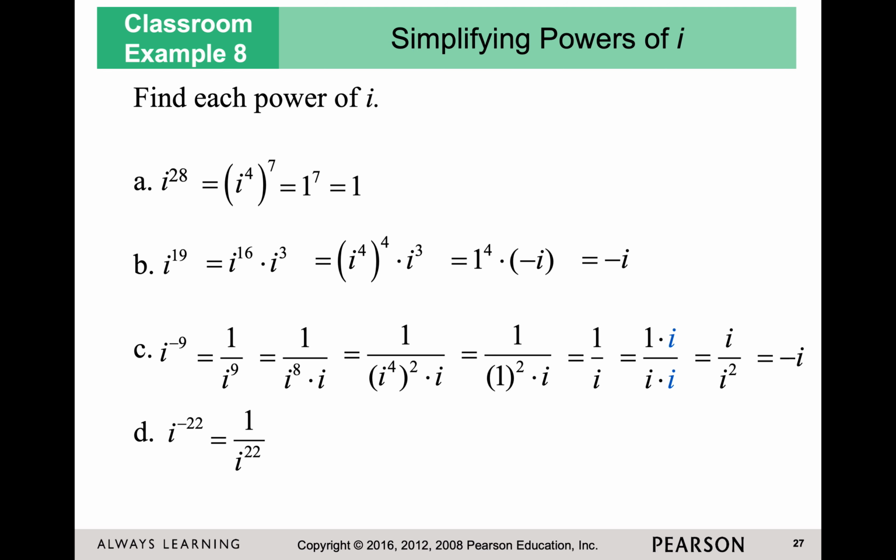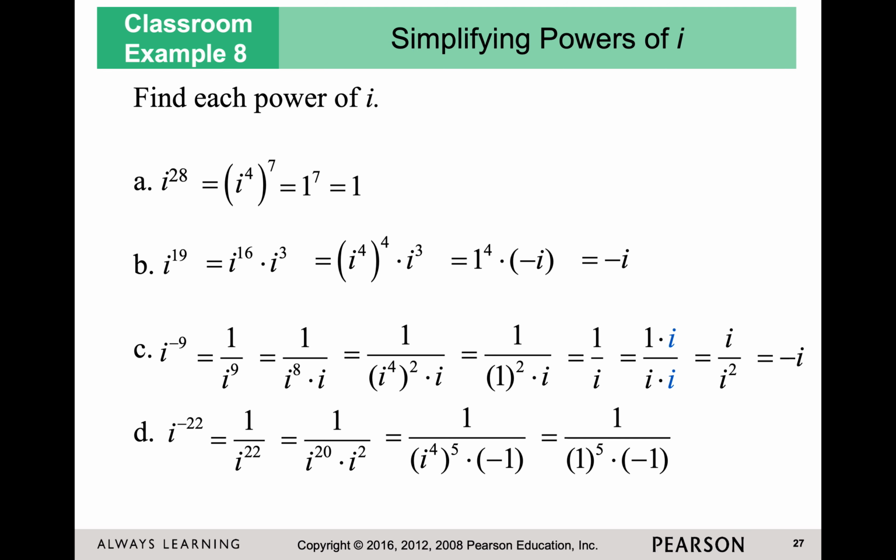I can't write 22 as a multiple of 4, but I could do 20 times i squared, which lets me do to the 4th power. So really what you're trying to do is get it to a 4th power, a squared, any of those actual number values. i to the 4th is 1. 1 to the 5th is just 1 times negative 1, which is negative 1.